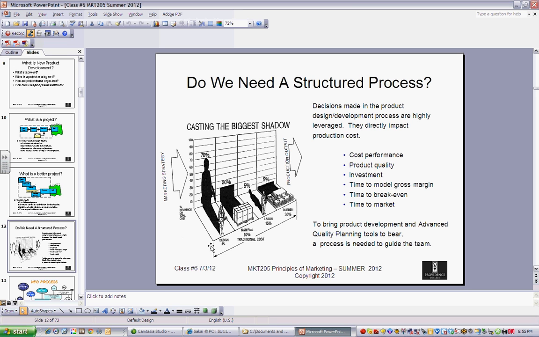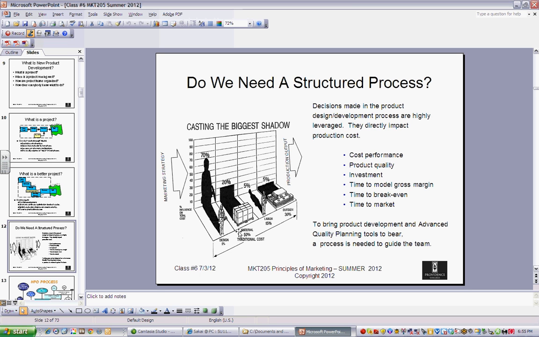Very little of it, 5% or so, goes into design. But if you don't do well in the design, and this particular slide claims that it has a 70% influence on the total cost at the end, it tends to be pretty significant in terms of the impact.